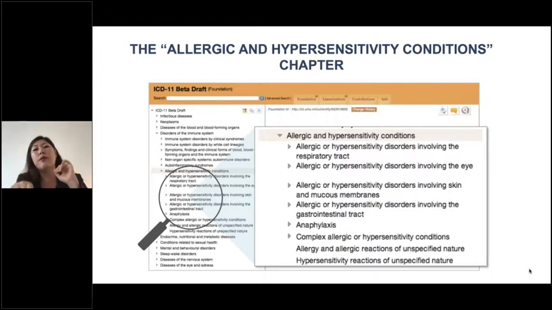For example, for anaphylaxis, which we have been working on a lot, we have to discuss with pediatricians, internal medicine, pneumologists, dermatologists, and so on. So it was a very huge work, and each line was requested by the WHO to be supported by evidence.